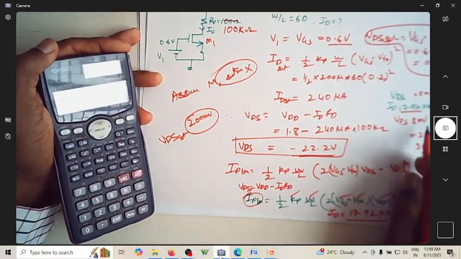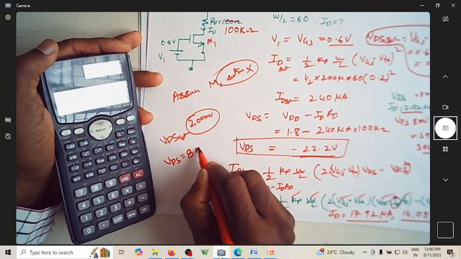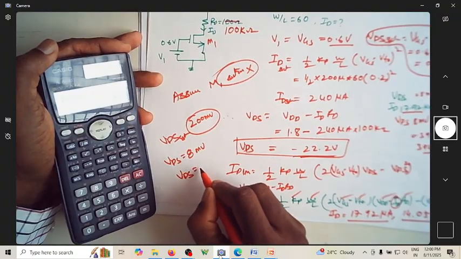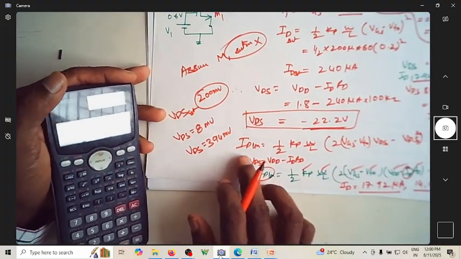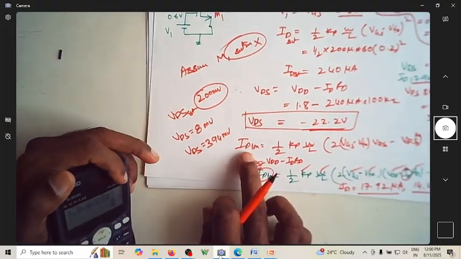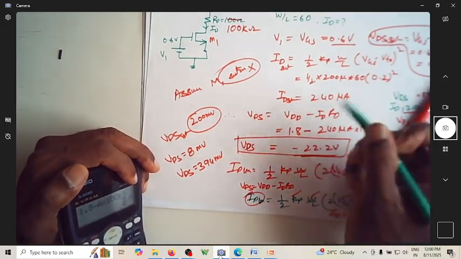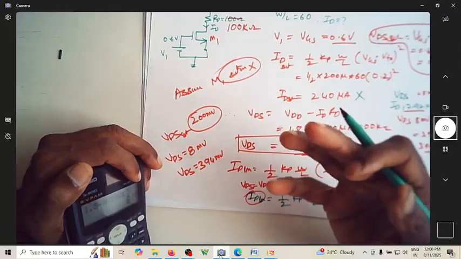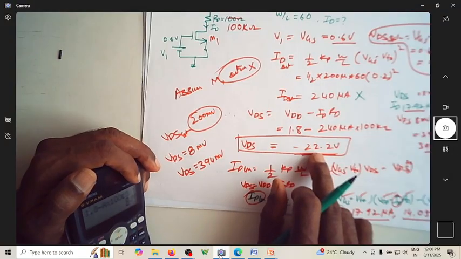I have two values of VDS now. One VDS is 8 millivolt. Other VDS is 394 millivolt. We have assumed the MOSFET to be in linear region. Of course, when we started with it in saturation region, we got a current of 240 microampere, which is not possible because you are getting VDS as minus 22.2.